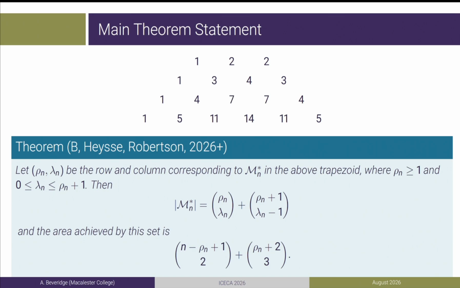So we take rho sub n to be the corresponding row, in this case 3, and we take lambda sub n to be the corresponding column using a 0 index. So in this case of n equals 10, our index of the column is 0, 1, 2. Then the number of maximum weight jump float sequences is the sum of these two binomial coefficients, which depend upon rho and lambda. The maximum weight is given by this sum of binomial coefficients, which depends upon n and rho.